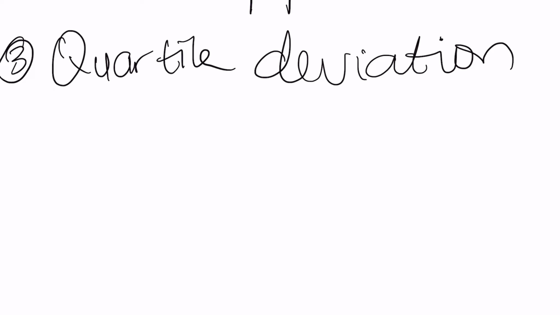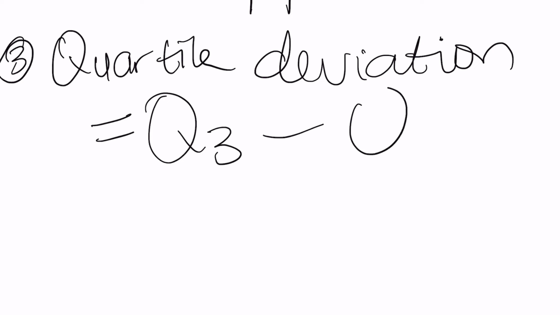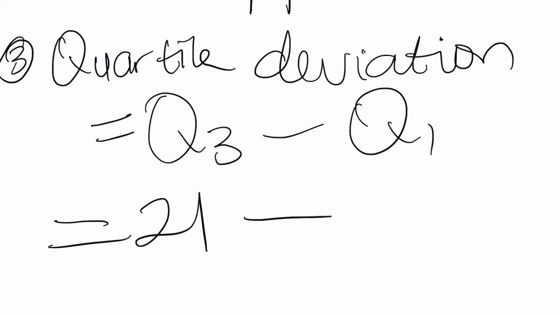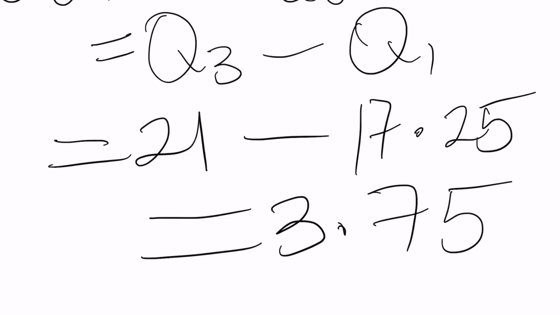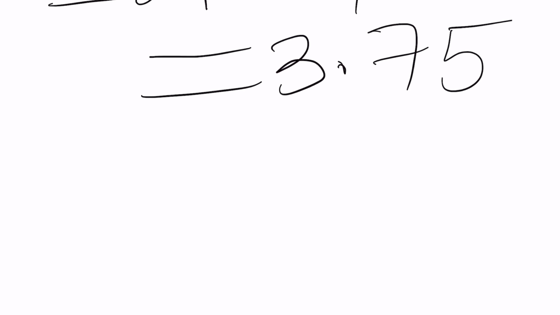Now, for the quartile deviation, we have Q3 minus Q1. So Q3 minus Q1 is 21 minus 17.25, which is 3.75.